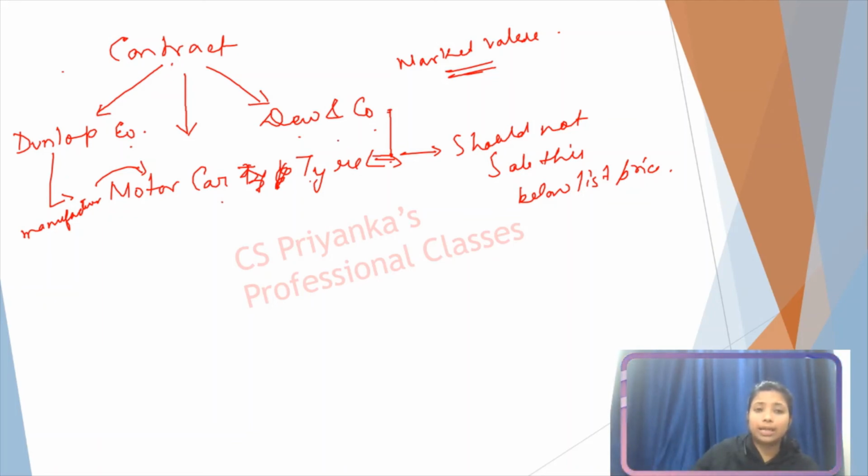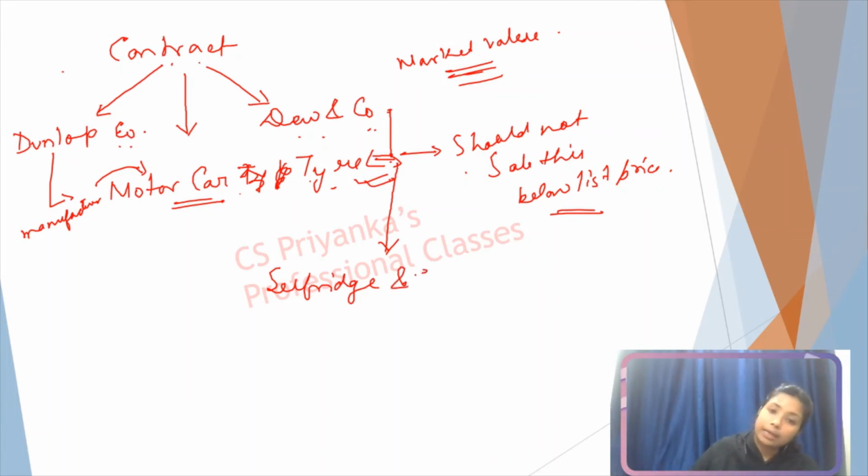Now the situation is like that. This contract between the parties Dunlop Company and Dew and Company relates to this object, that is motor car tire, on one condition: that Dew and Company, if they want to sell this tire, they can sell it, but they should not sell below list price. So whatever is the market rate or the sell price, they should not sell below that price. Now Dew and Company sold this tire to Selfridge and Company for £5, which is not below list price.